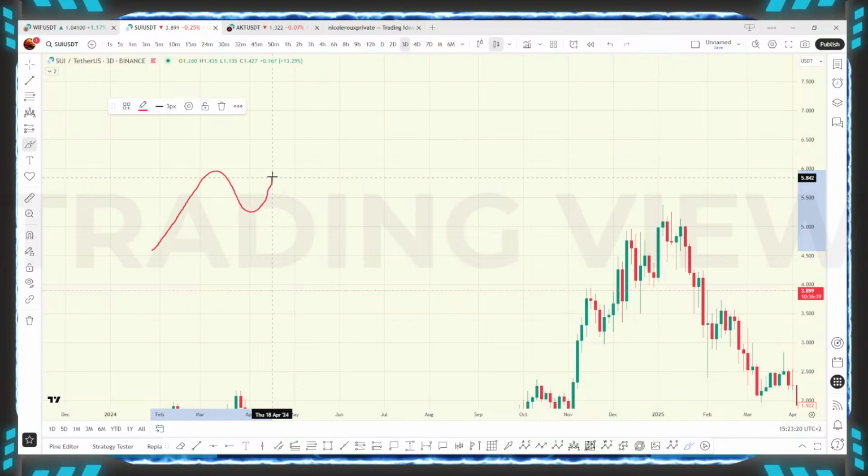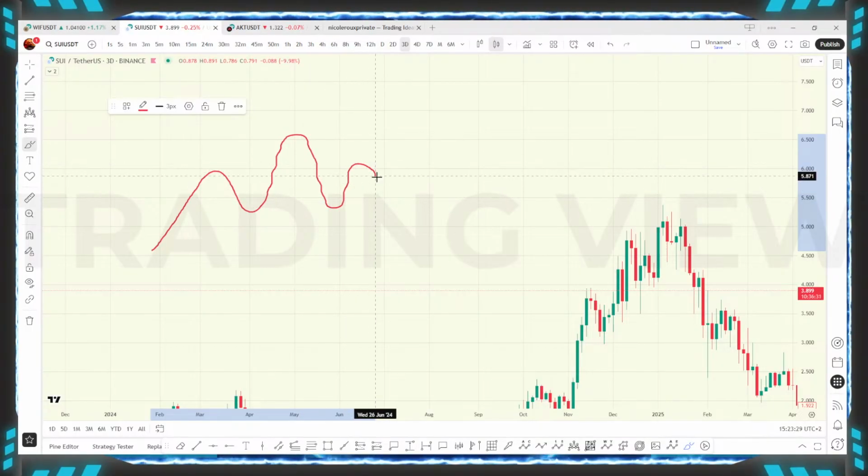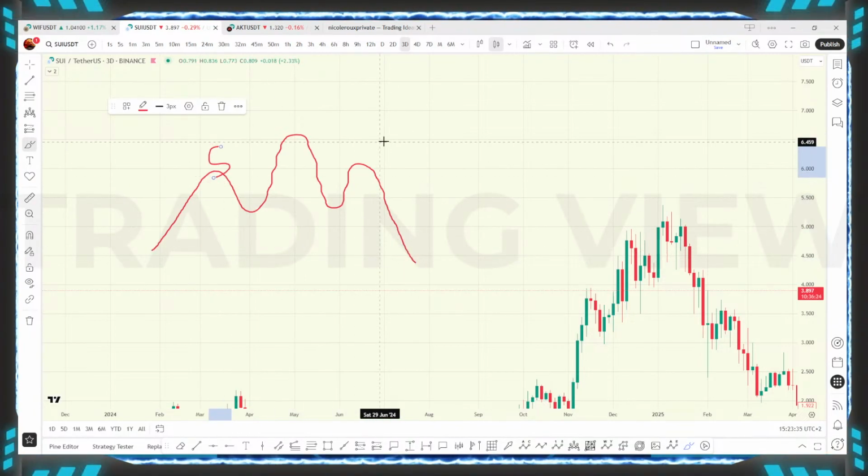Then you get another one that does a higher high and comes down again. And then you get one that does a higher low again, and then it moves down. You get this type of movement. So you have the one shoulder here, the other shoulder here, and then you have the head here.